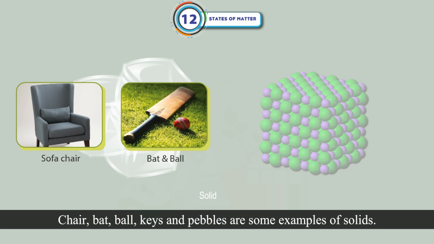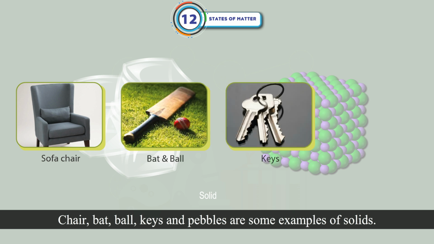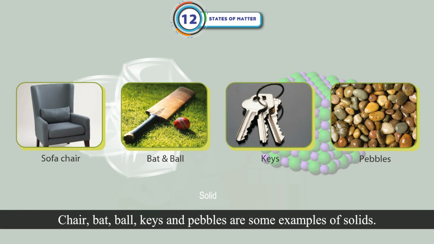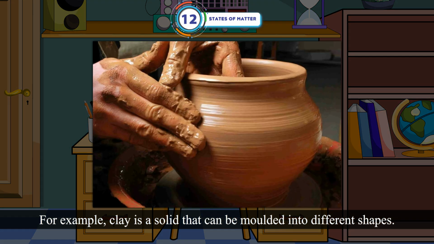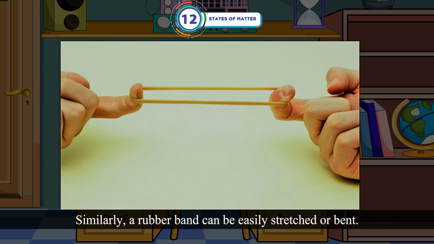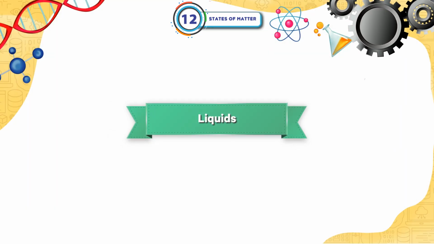Chair, bat, ball, keys, and pebbles are some examples of solids. However, some solids can change their shape or can be bent or broken easily. For example, clay is a solid that can be molded into different shapes. Similarly, a rubber band can be easily stretched or bent.